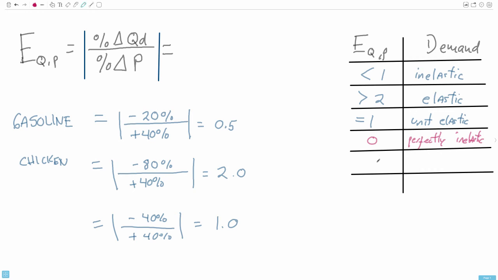And the opposite extreme case is when the price elasticity of demand is equal to infinity. Mathematically, this is correct, although intuitively this is more difficult to explain. But this basically corresponds to the perfectly elastic demand curve.